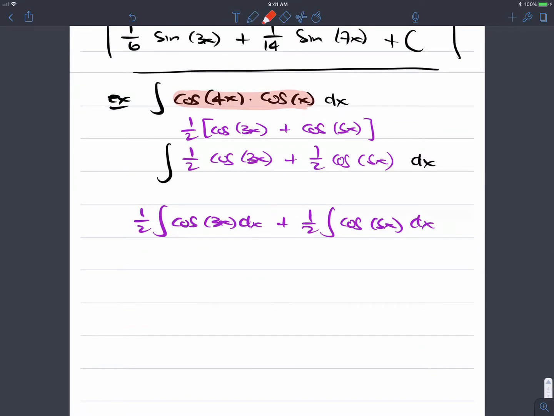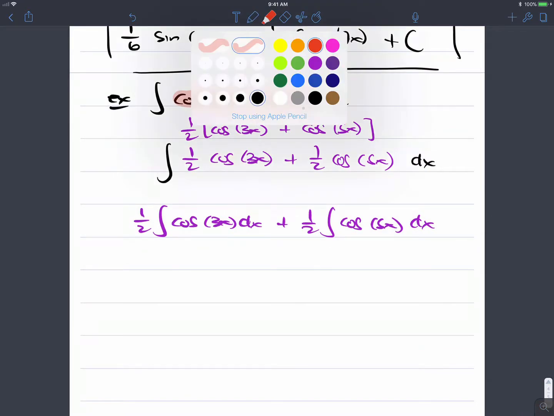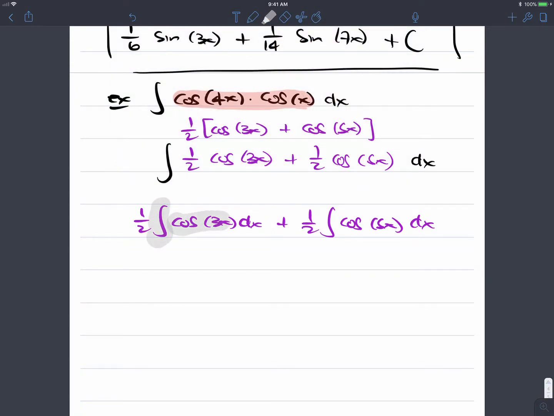Again, two integrals to integrate. These are the two integrals we have to integrate.